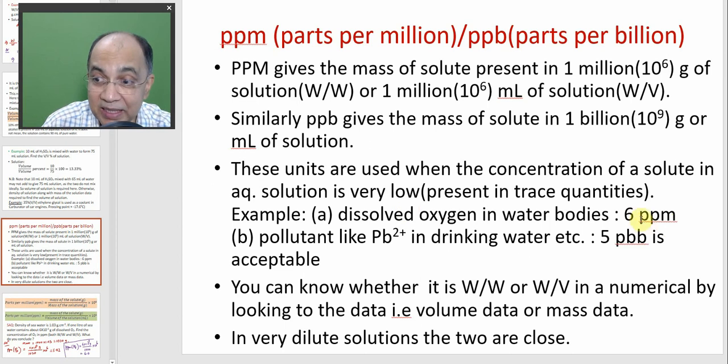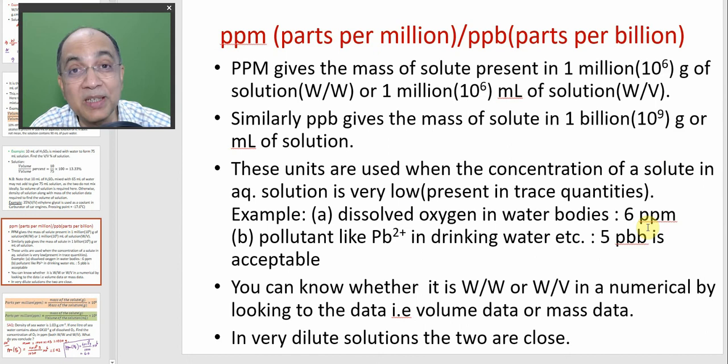That means 6 gram of oxygen is present in 1 million grams of water, or 1 million milliliters of water. 1 million milliliters is almost the same as a million grams, but there is a slight difference.